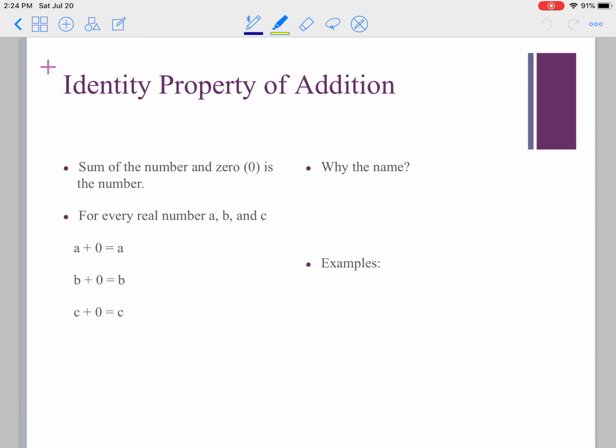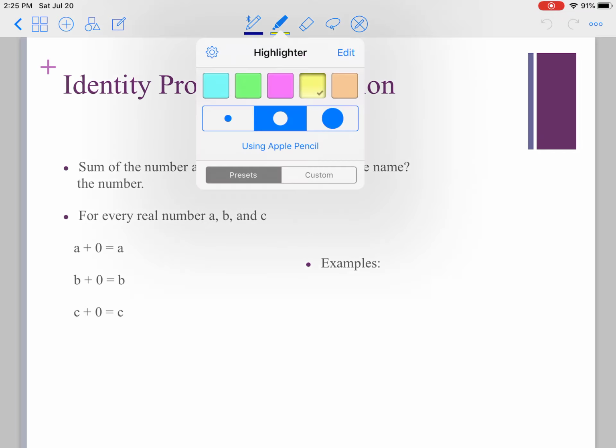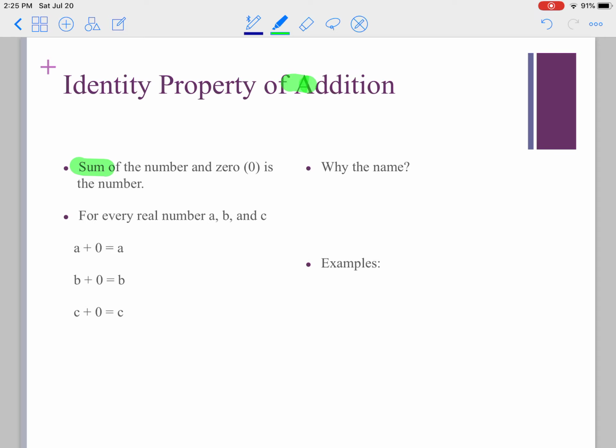The identity property of addition is what describes the fact that the sum of a number and 0 is that number. So whenever you have a number and you add it to 0, you end up with whatever that number is.